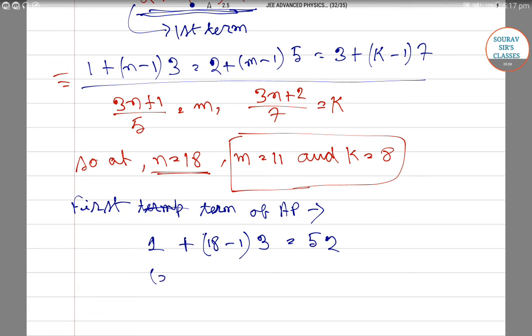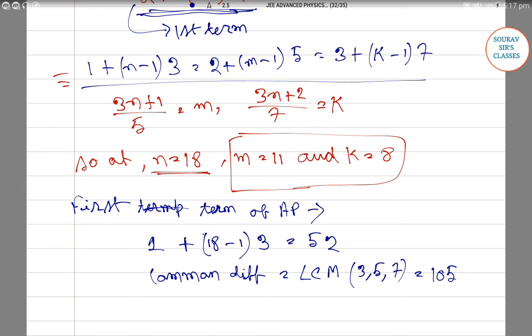And the common difference is equal to the LCM of all the common differences 3, 5 and 7. The LCM of all the common differences is 105.